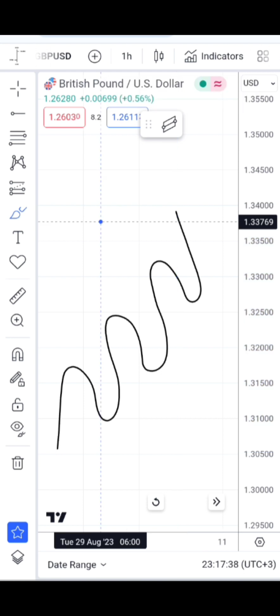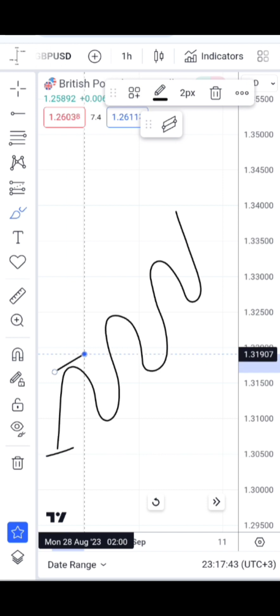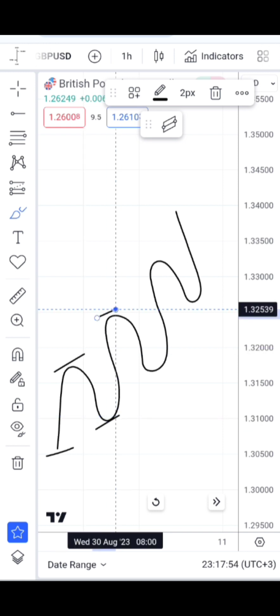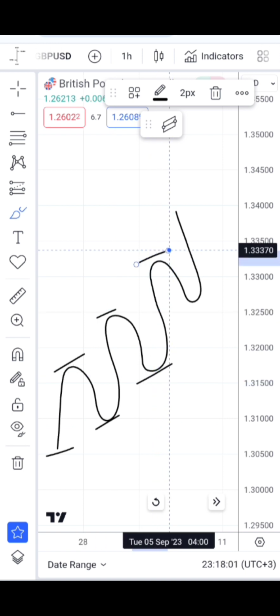So from this low, the market creates this high. It drops to create a new low, which is considered a higher low because it's a low, but it's higher than the previous low. So from this low, it creates a new high, and from that high, a new higher low is created to create a high, which is a higher high.